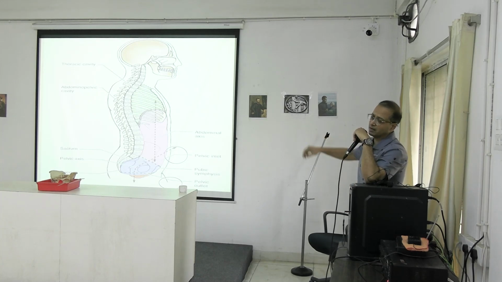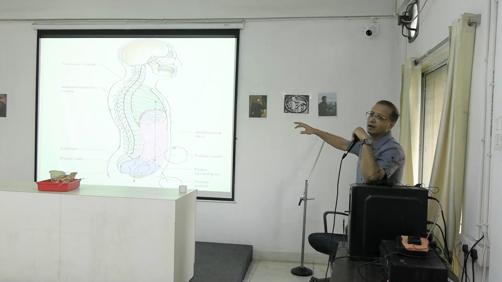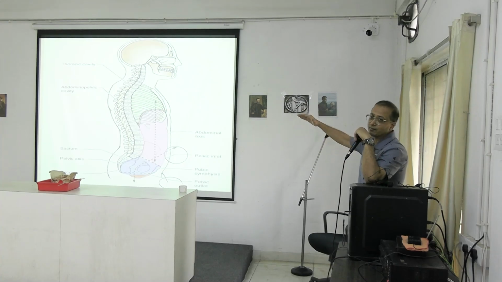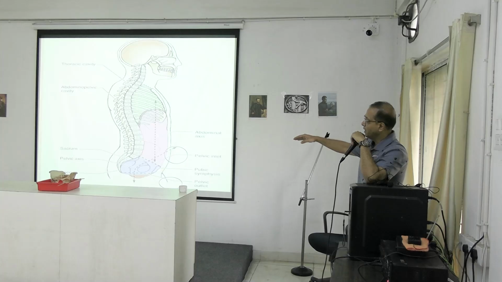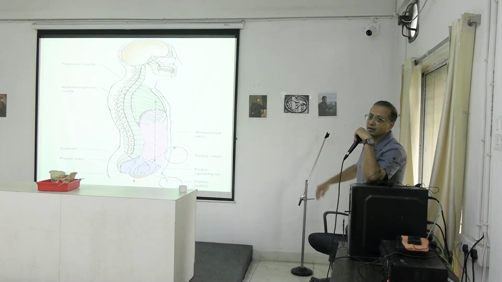In this picture, the abdominal cavity is shaded in purple. Then this abdominal cavity goes down to the pelvic cavity, which is lined by blue, and the lower part is lined by orange.